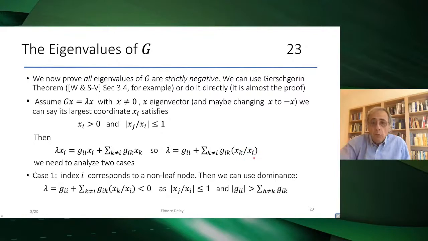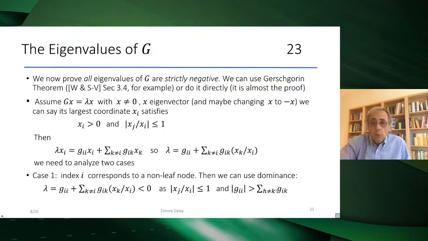It's a theorem from the 1930s that became popular later with control theory. We see that we get the diagonal term and the terms off the diagonal multiplied by something that is smaller than 1. So clearly, if we have a non-leaf node, this term is more negative than the sum of these, and these are even multiplied by factors smaller than 1.